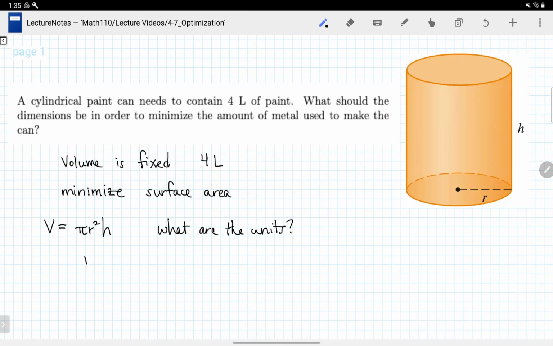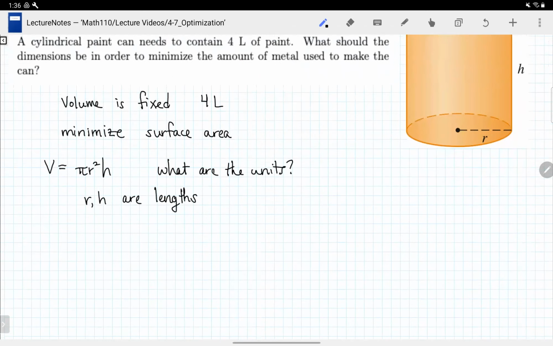Both r and h are going to be in length measurements. So they might be measured in centimeters or inches or maybe feet or meters or maybe miles. There's lots of different length measurements.